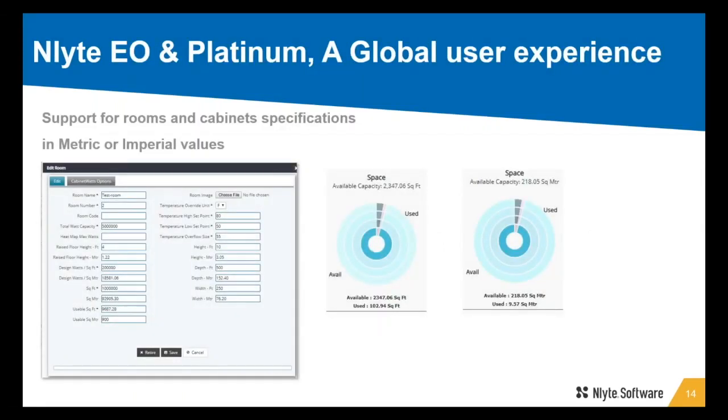On the same theme, when we look at Neo standalone, it was kind of all imperial. It is now global, so it supports imperial and metric. It has both measurement systems in its capabilities now. So when you're in a platinum world, you can be in any part of the world, basically.